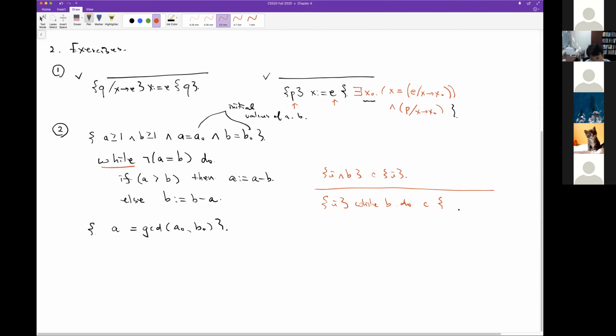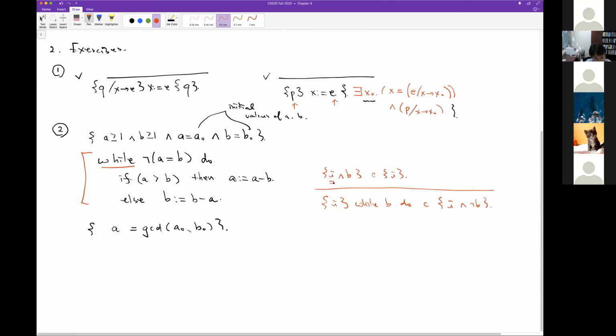Once you do it, we can conclude that the invariant is going to be true after the while loop. And another thing we know is that the loop condition is going to be false. So to prove this program, the key step is to identify the invariant.